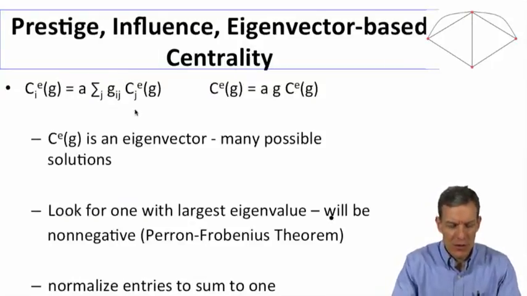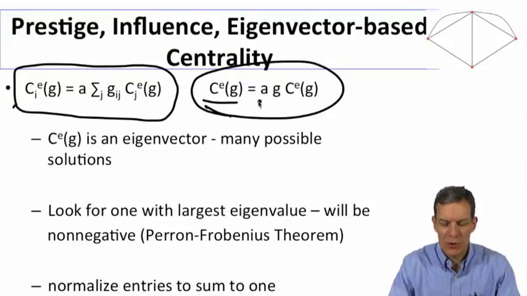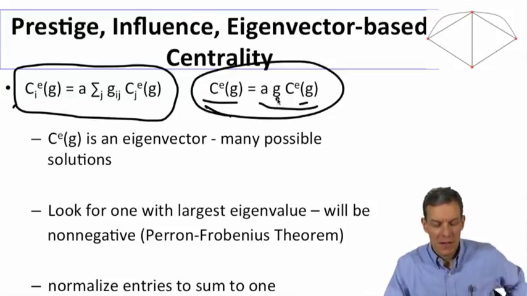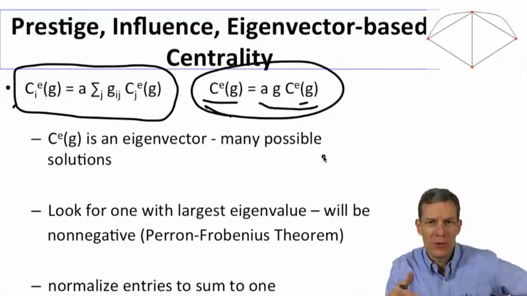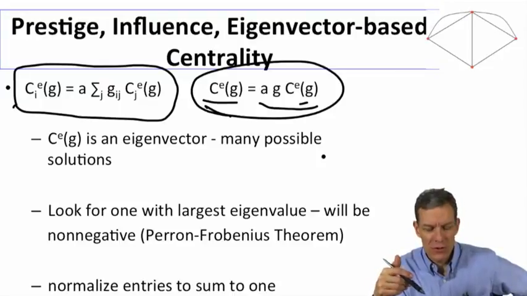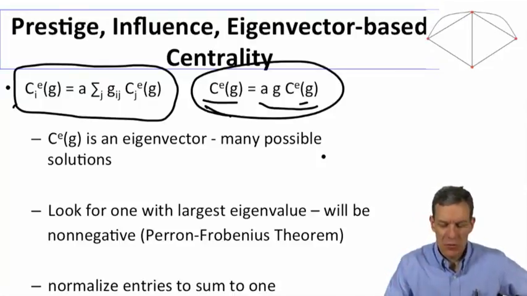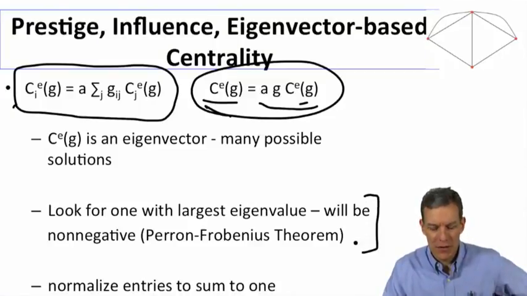And in particular, what we have is this equation which we just wrote. The eigenvector centrality of a network G is proportional to itself times G. And one thing about eigenvectors is there are many possible solutions. So if we have n equations and n unknowns, generally there can be up to n different solutions. And what we tend to do is look for the one with the largest eigenvalue.